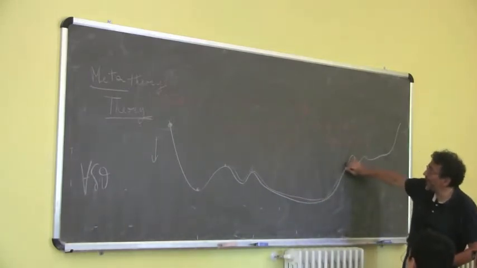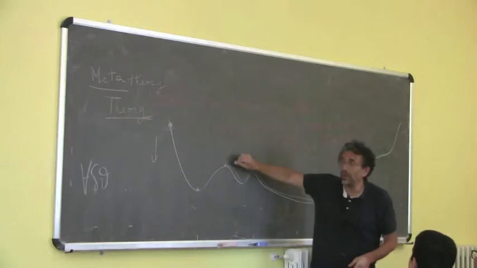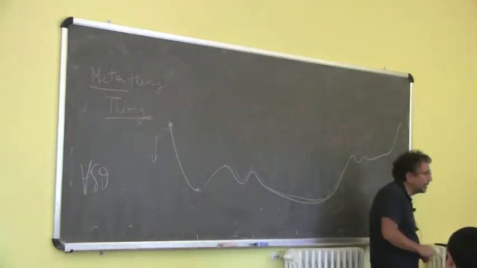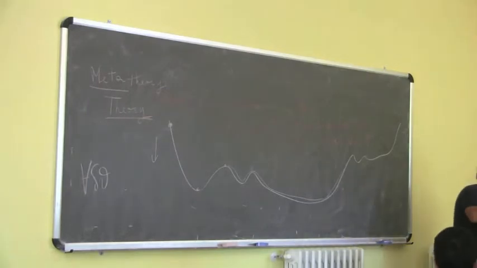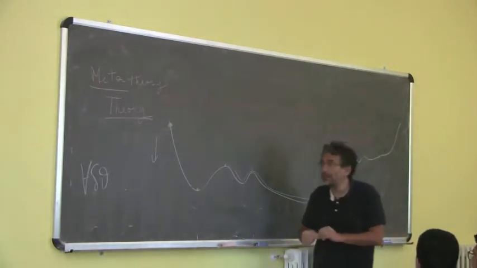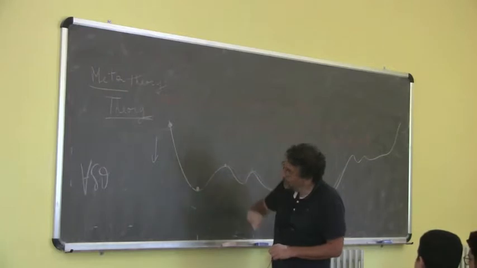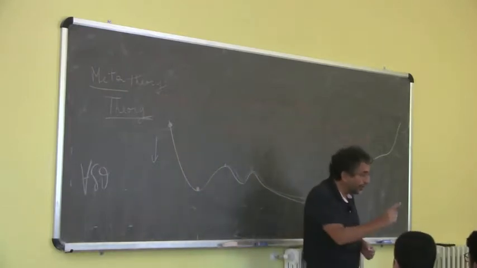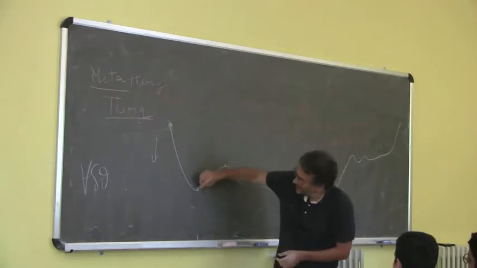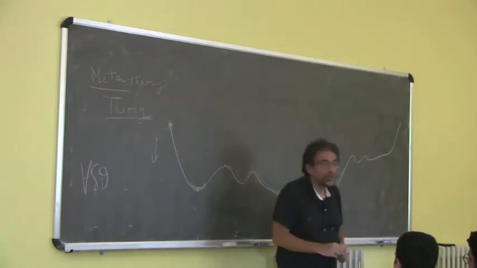Maybe it goes back and then it's doing different motions. So there are some equilibria which are unstable. And there are some equilibria which are stable, because if you give a small velocity to this particle here, it remains around the equilibrium configuration.